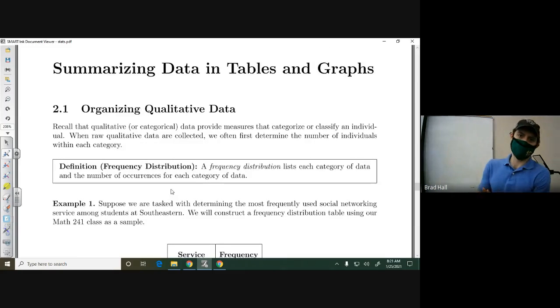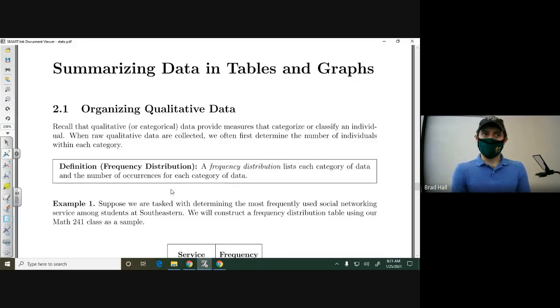So this section is organizing qualitative data. Remember, in the last chapter we talked about two types of data, quantitative and qualitative. Qualitative is the one we're going to focus on here, and qualitative is categorical.